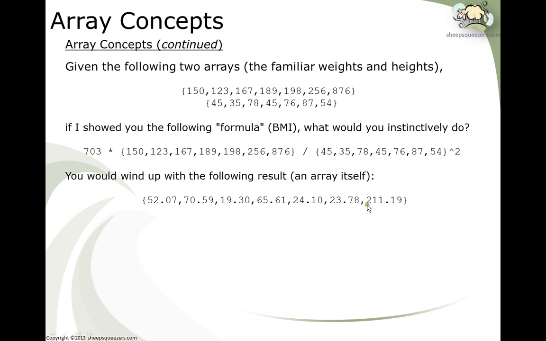And by the way, if you're getting up to a body mass index of 211, you probably can drop the decimal places. But in any case, this is what Excel would do using array formulas. And again, instinctively, this is what I believe you would probably do, just shown this.